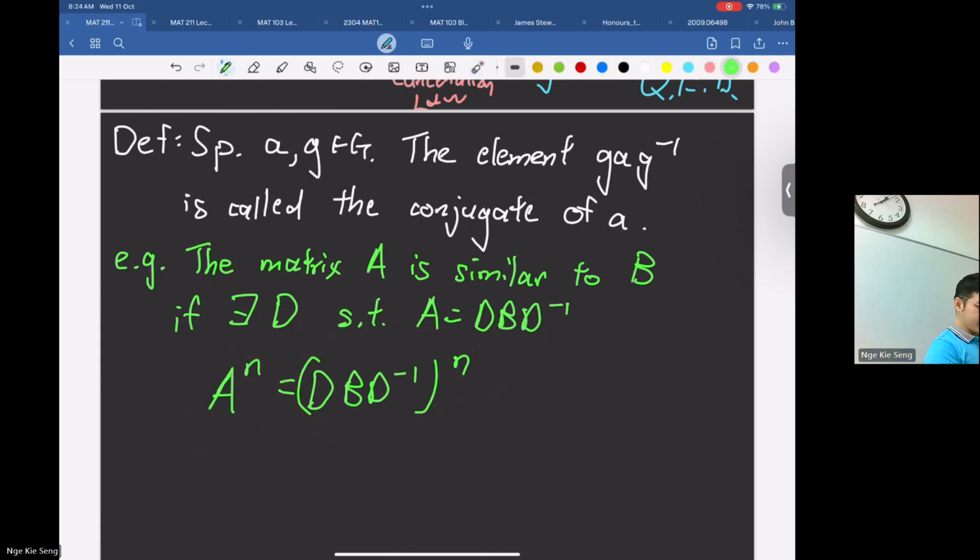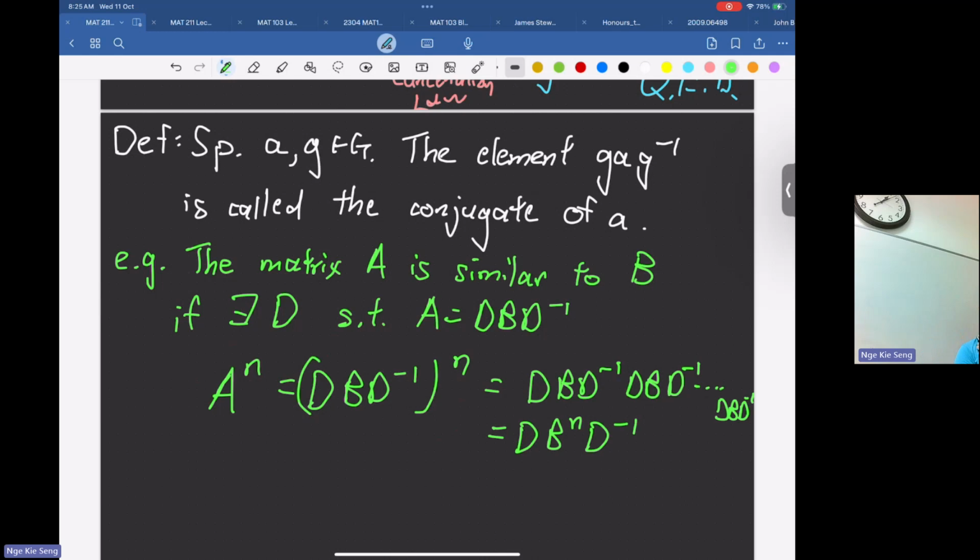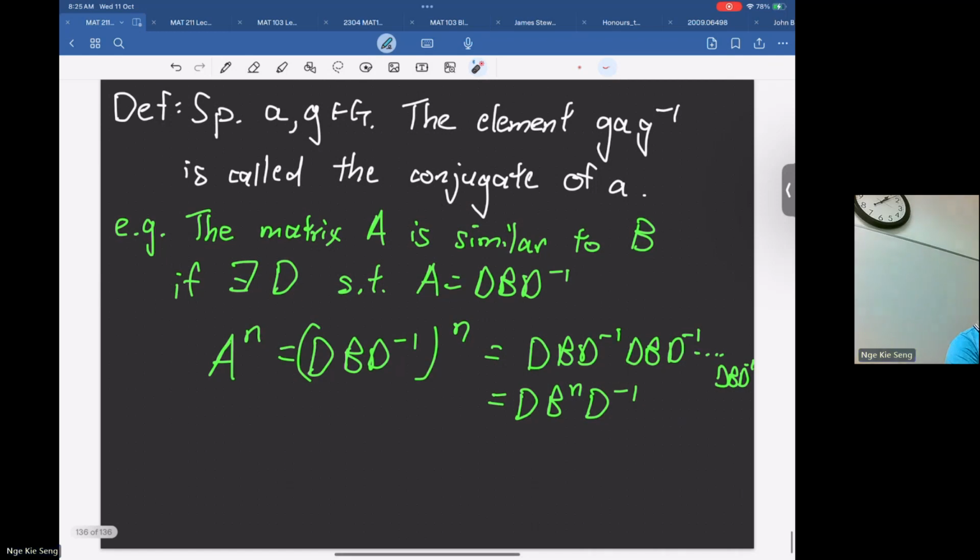Why? Because the middle terms will cancel. You are just left with D B to the power n D inverse. This is particularly useful when B is diagonal. You take the n-th power of a diagonal matrix, you just take the power on the diagonals.